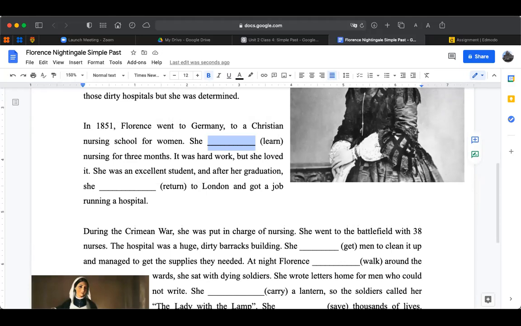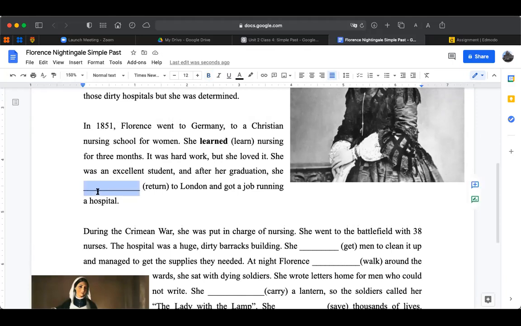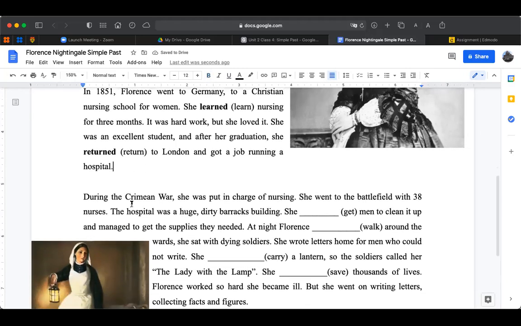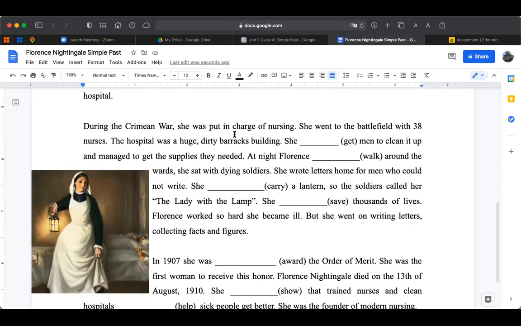She learned nursing for 3 months. It was hard work, but she loved it. She was an excellent student, and after her graduation, she returned to London and got a job running a hospital. Okay, very good. Pick someone else to continue.